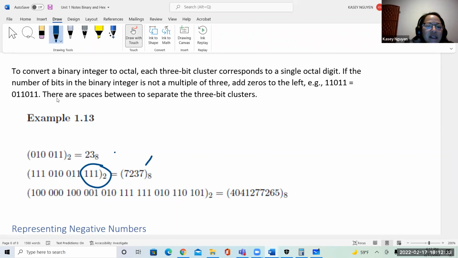This one represents the 7 here. Okay. And then the next one represents the 3. So simply you just put the decimal equivalent, like what we've seen in the table from prior, to be able to convert that to octal. So same process, it's just fewer bits.